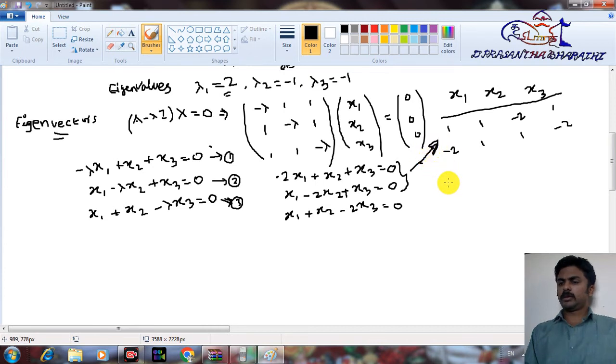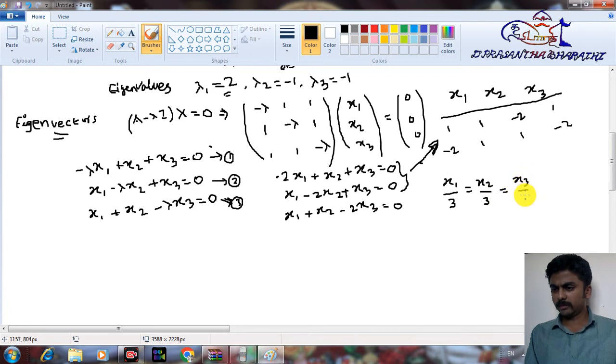So we will have x1 divided by 1 plus 2 is 3, equal to x2 divided by 3, equal to x3 divided by 3. So the eigenvectors are 3, 3, 3.